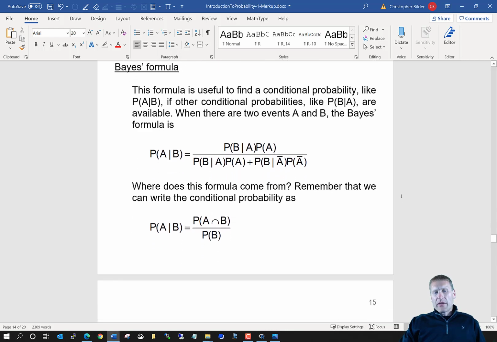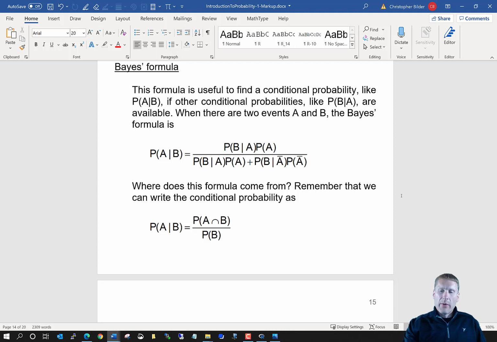So let's take a look at another application of conditional probabilities. This is now with respect to something called Bayes' formula. Bayes' formula basically allows you to calculate a conditional probability with the help of other conditional probabilities. This is widely used in an area of statistics called Bayesian analysis. Here we're just going to look at the most basic aspects of it.